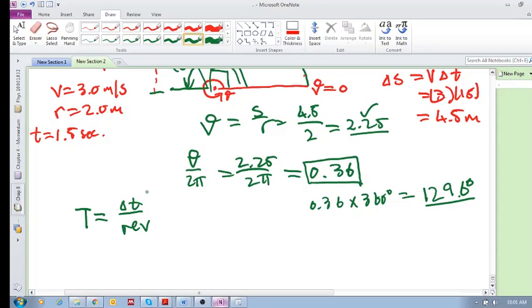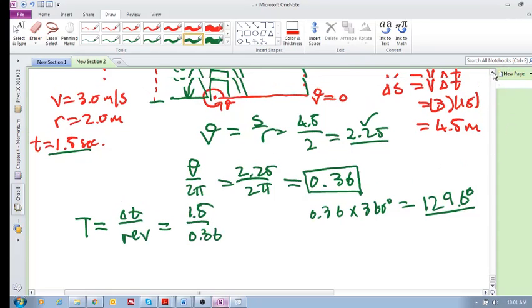Or it's simply, if you travel through one revolution, how long does it take you to travel through one revolution? So I've got, in the top here, the only time I've got is 1.5 seconds. But now I want to know how much of a revolution did I pass through in 1.5 seconds. And that's it there. It's 0.36 of a revolution.